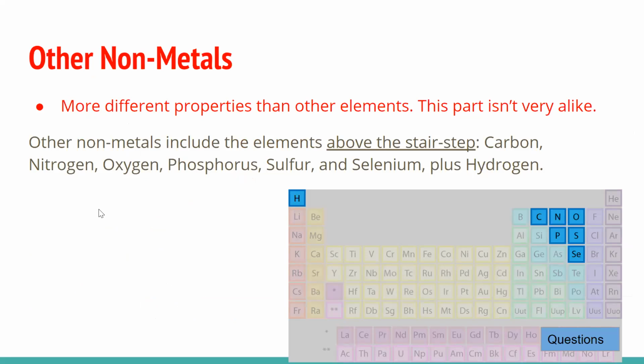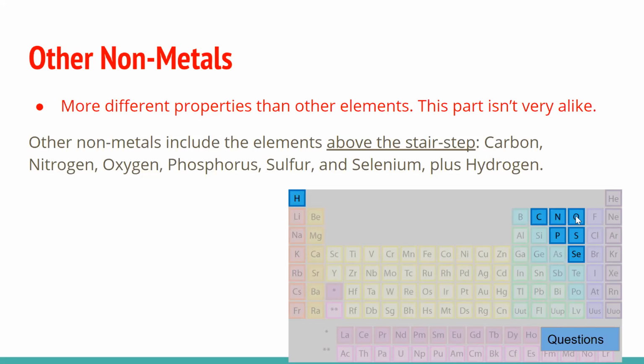There are another group of elements that have lots of totally different properties. Carbon, nitrogen, oxygen, phosphorus, sulfur, selenium, and hydrogen. They are all other non-metals. They're not metals, and it's hard to say anything about them all that's universally true. One thing we do know about these elements is sometimes they like to attach to their neighbors.